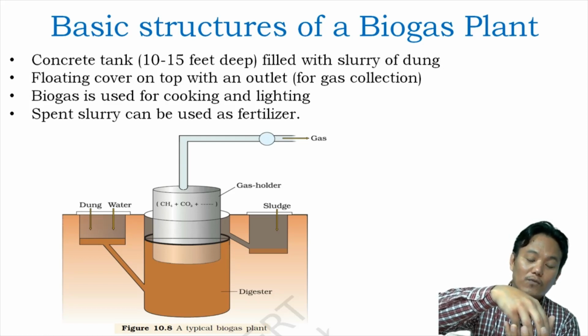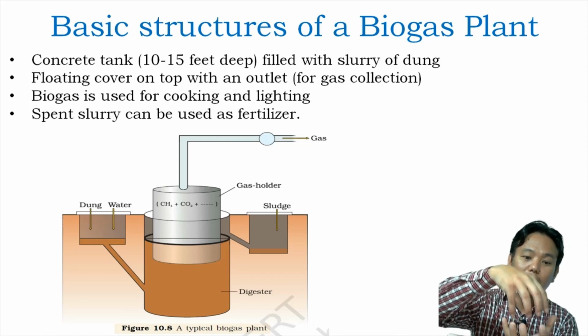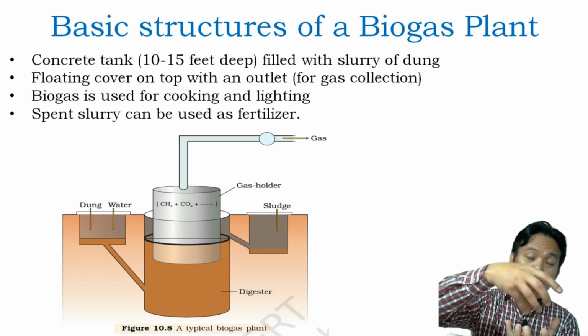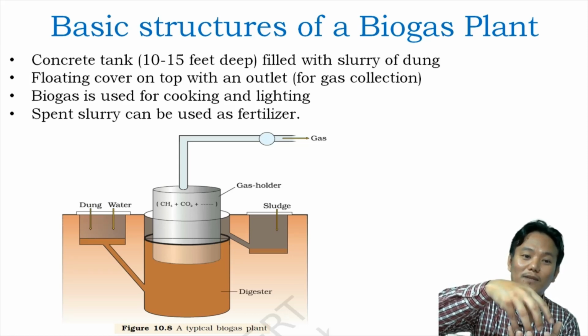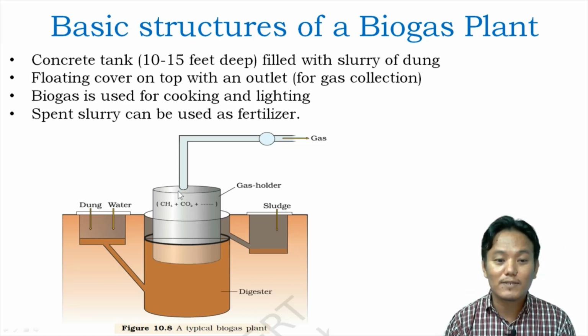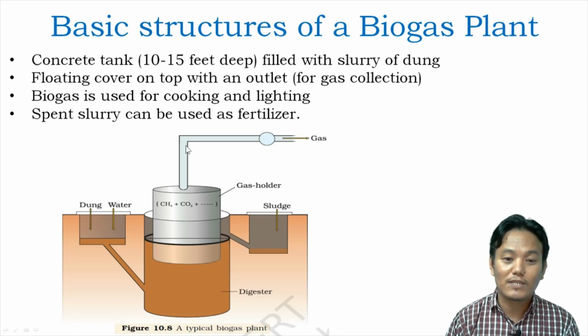And when this cover gets filled up with gas, it floats up, it raises up. Through that way, we know that there is a significant amount of biogas collected within it. And when a significant amount of biogas is collected within the floating cover, we can take the gas out through the outlet.